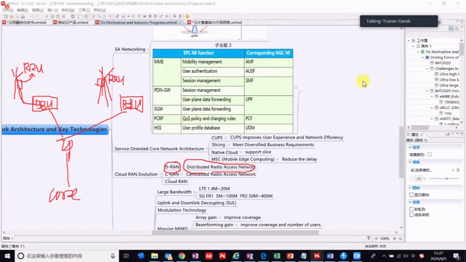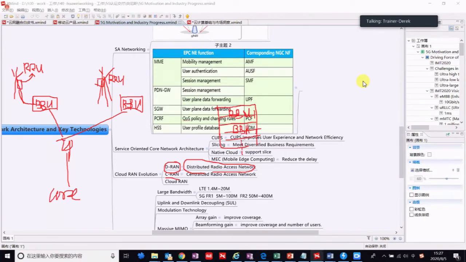And CRAN means the centralized radio access network. Maybe we can deploy the BBUs in one equipment room, like BBU1, BBU2, BBU3, or even more.